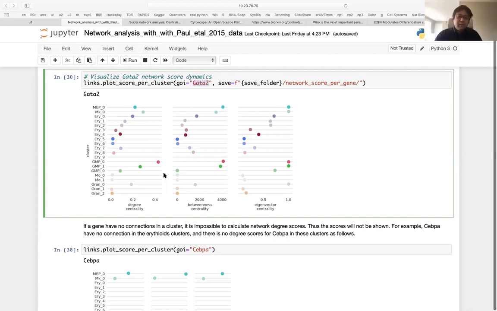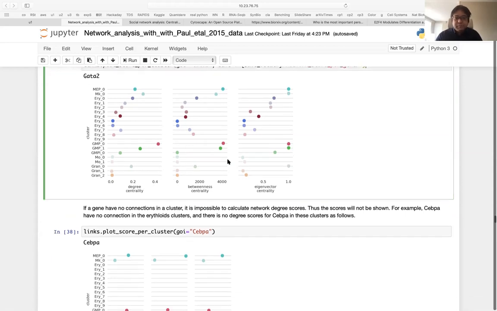Yeah. So each score means slightly different features. If you look at the degree centrality, eigenvector centrality or betweenness centrality, and you see different phenotypes, by looking at the score pattern, you can infer the role or function of your gene.